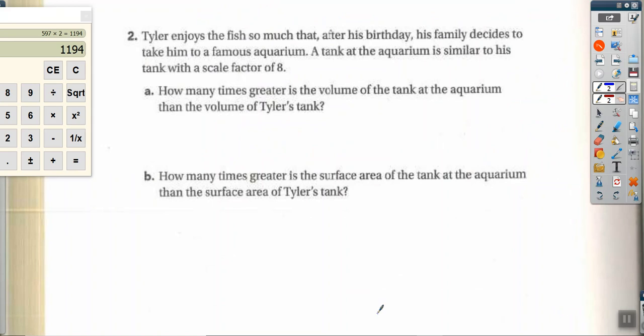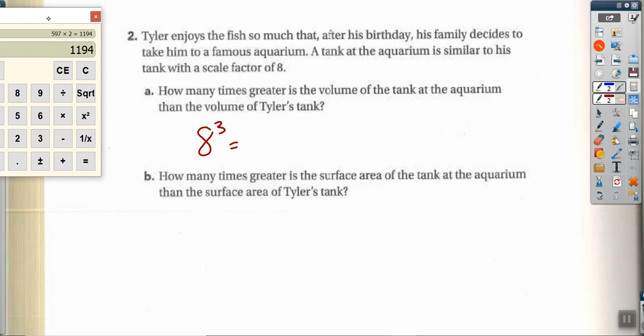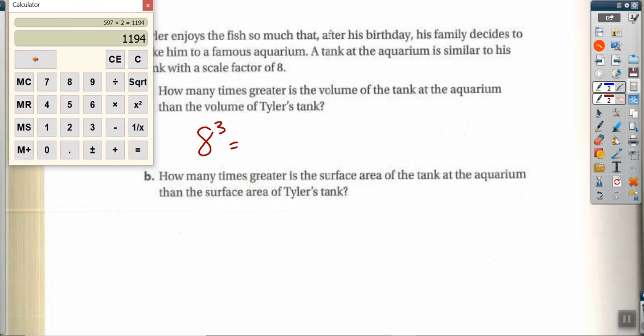It's done. So the next question asks us, if we increase that tank by a scale factor of 8, how many times greater is the volume? Well, we know that volume is the dimensions cubed, because there's 3 dimensions, right? And so we know that in order to find the correct scale factor, we need to take 8 cubed, which would give us our answer of how many times larger from the original.